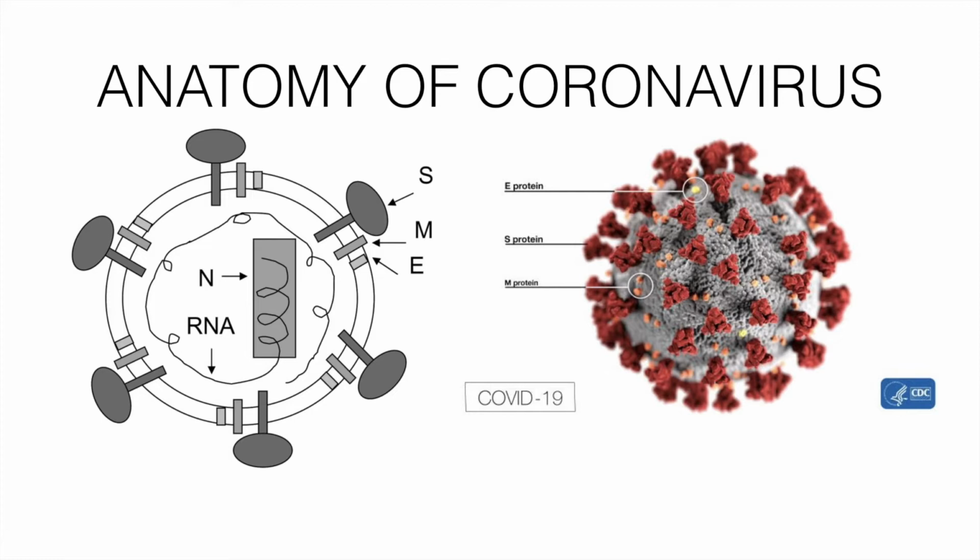So coronaviruses in general are part of the Coronaviridae family, and they're broken down into about 4 different genera, which include alpha coronaviruses, beta coronaviruses, gamma coronaviruses, and delta coronaviruses.